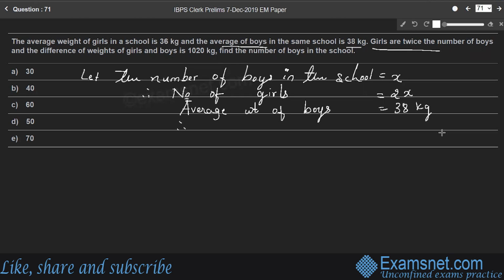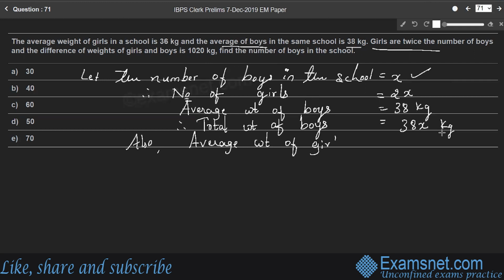Therefore the total weight of all X number of boys becomes 38 into X kg, right? And also the average weight of girls is given, it is 36 kg.